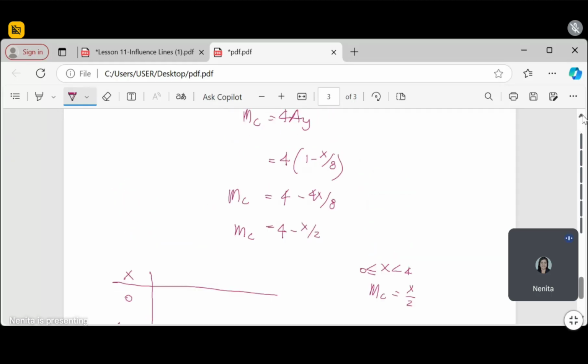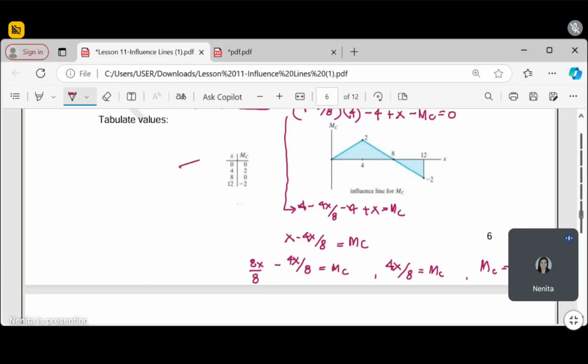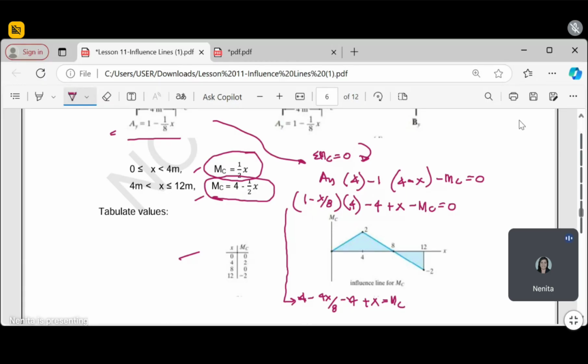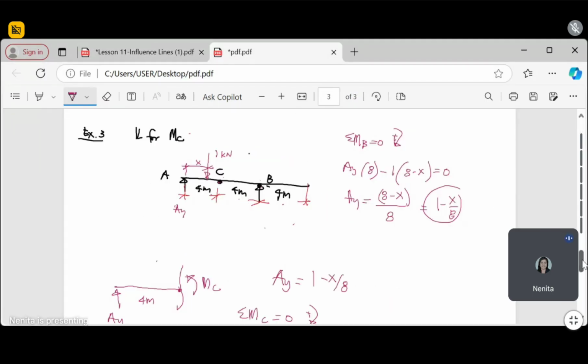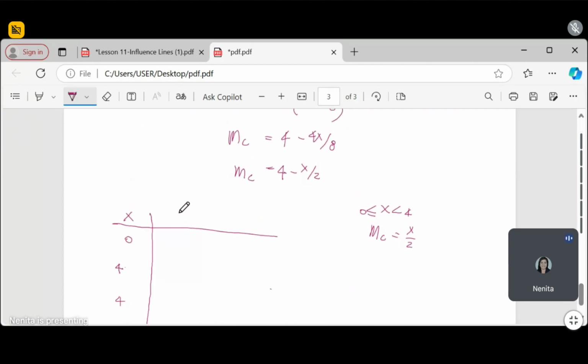Tingnan nga natin balik. X over 2, di ba? Okay. So, ang ating mga values ay 0 at saka 4.